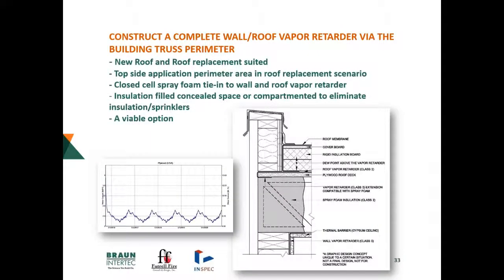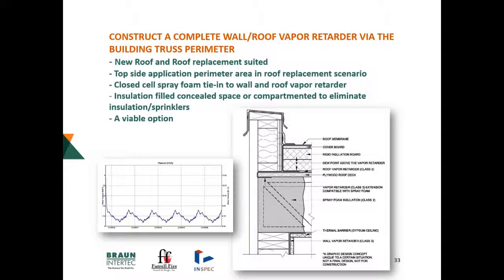Another option that we're a little more excited about, and can be used in new roof construction and in roof replacement construction, is working at trying to take that perimeter of the building and complete a vapor retarder bridge to a roof vapor retarder. We know how to build roof vapor retarders. Very straightforward, very easy to seal and work around. We know how to make the wall vapor retarders.